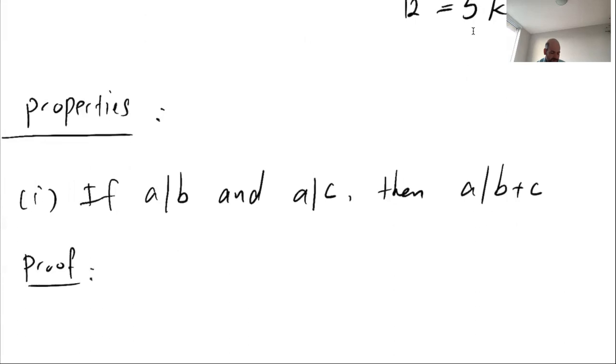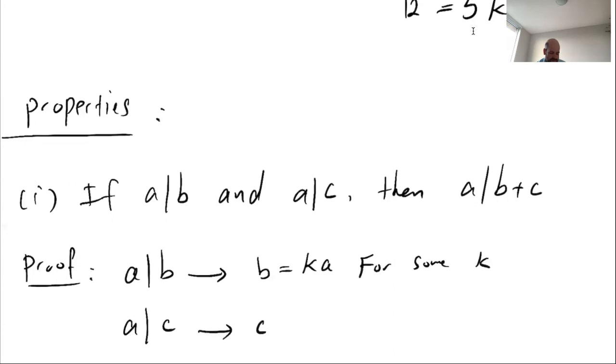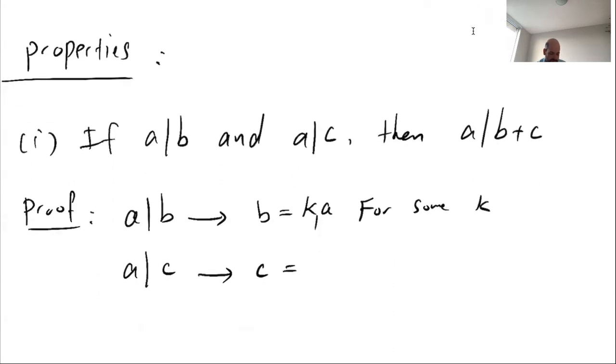Proof. A divides B implies that B is equal to K1 times A, for some K1. And A divides C implies that C is equal to K2 times A, again for some K2.